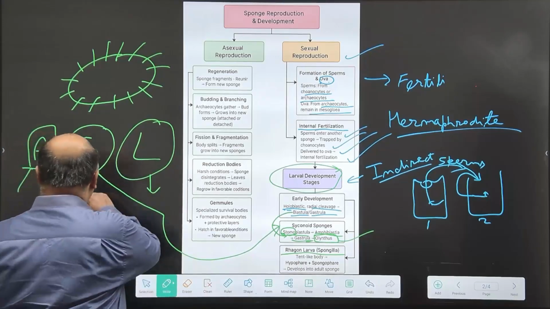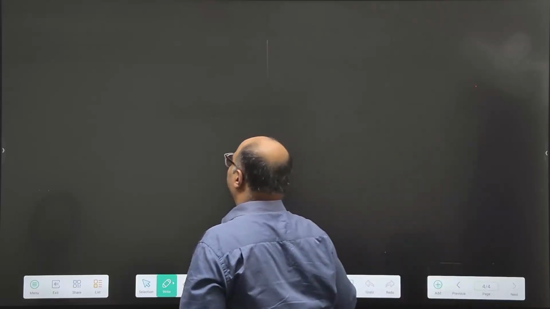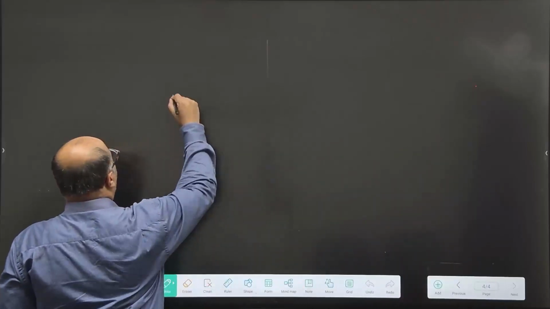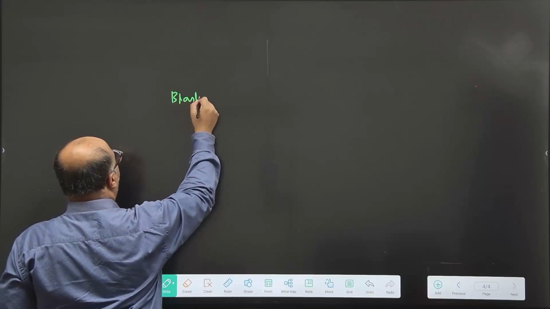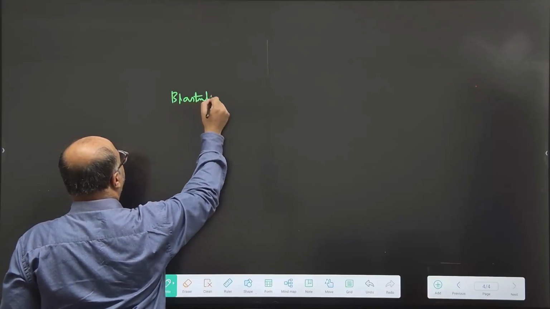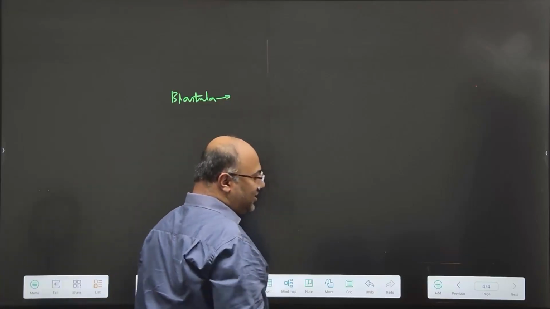Okay. So talking about reproduction strategies in asconoid and leuconoid canal system sponges. The first blastula stage happens. After the blastula, there is the gastrula stage, right?